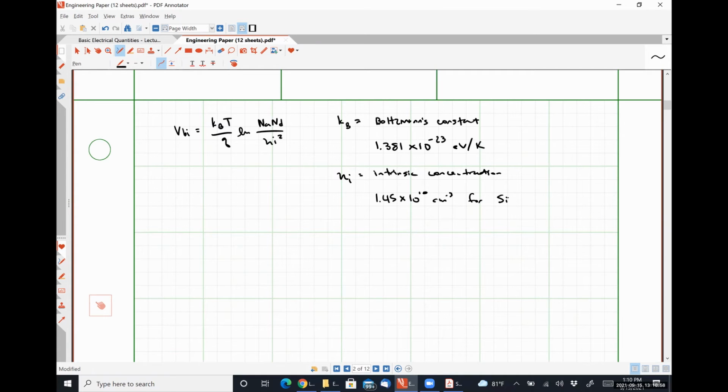I know this is a slightly different number than we used in 335 and 336, and also than what was given to you in 334. Every textbook has it different. It's always going to be between 1 times 10 to the 10 and 2 times 10 to the 10, and where it falls in that range is how it was measured. So something in that range is good enough for me.